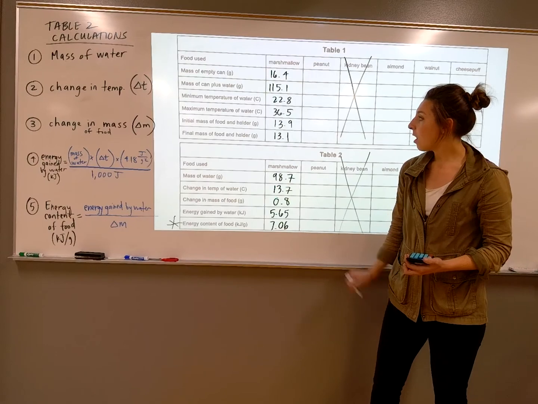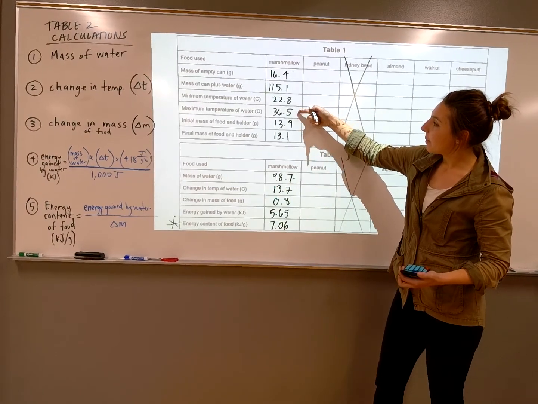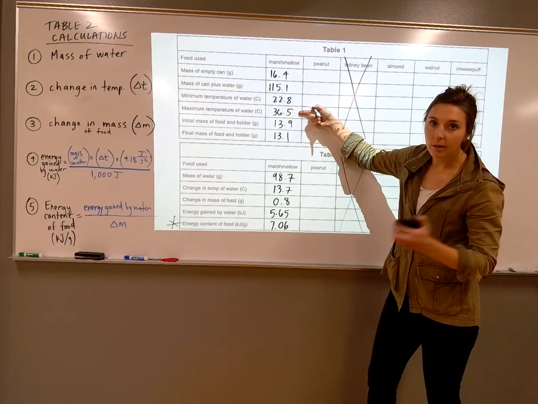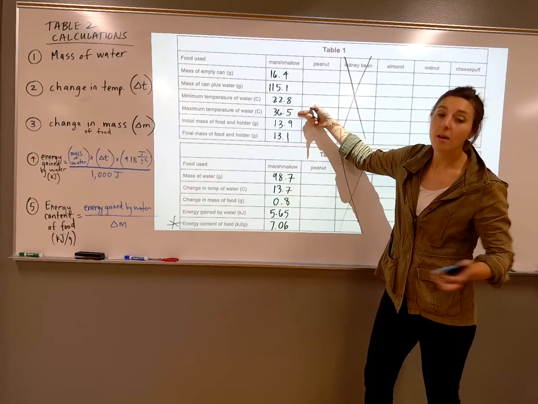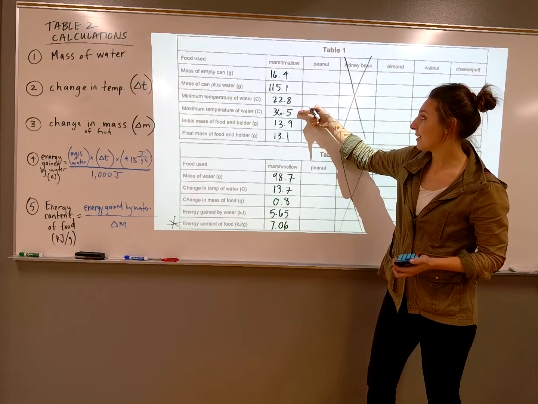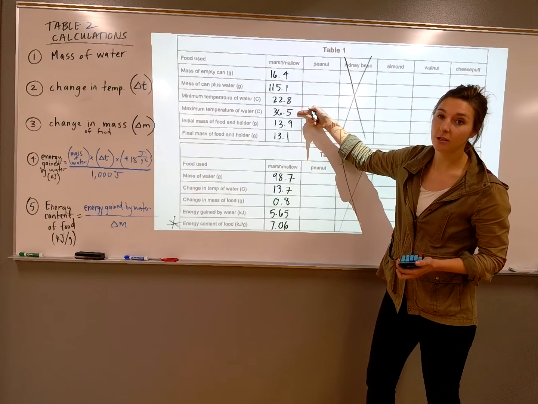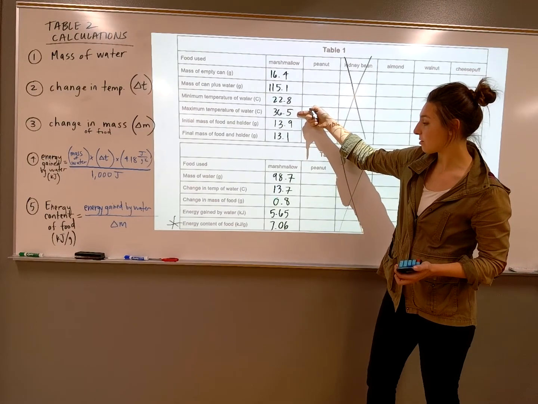Oh, one thing I wanted to mention, I did notice that earlier in that video I said that the max temperature of the marshmallow was 34. I was actually going back and watching the video and it got all the way up to 36 and a half. So make sure you have 36 and a half written down for the marshmallow.